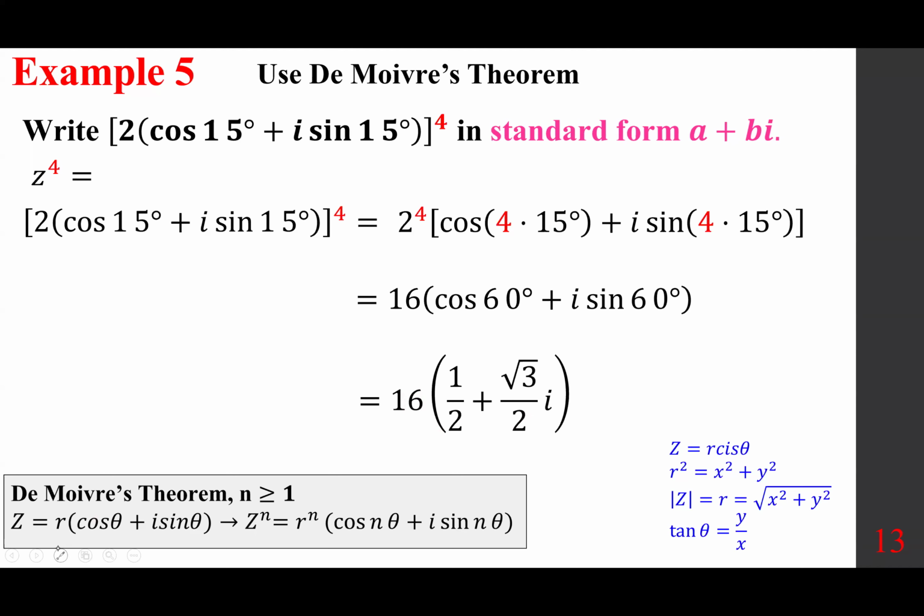So we get 8 plus 8 square root of 3 i. If we wanted to do this in standard form, that would have taken a lot longer. And that's the beauty of de Moivre's theorem and the polar form, everybody.